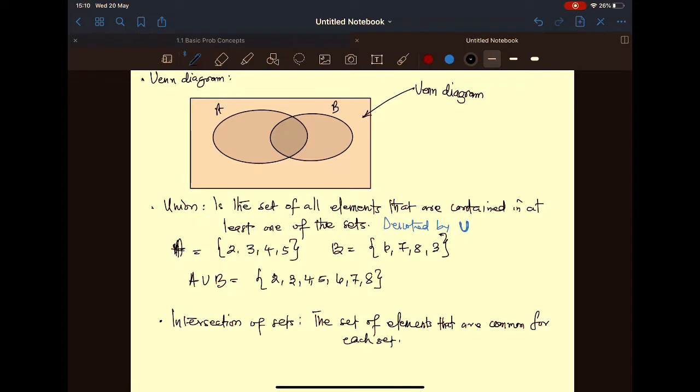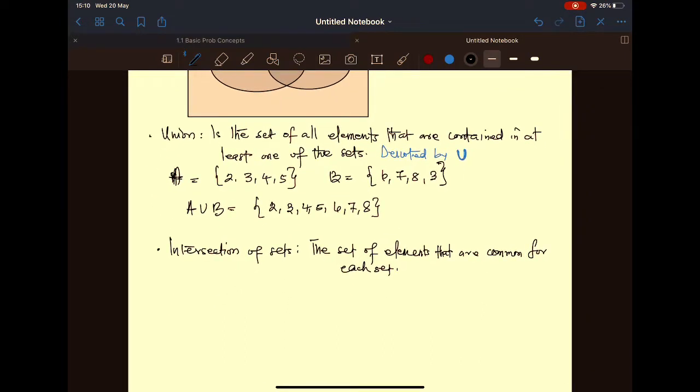So referring to the sets above, A and B, A intersection B is denoted by the cap symbol here.